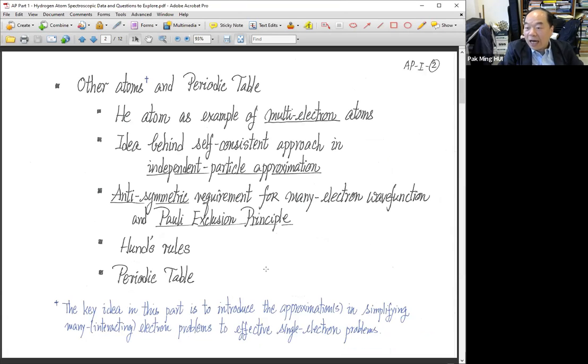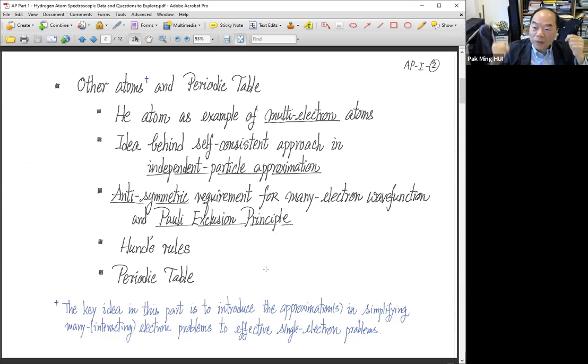So we will talk about all this interesting physics in this module. Then we will go beyond hydrogen. Hydrogen is only the first element, but even the first element is very rich in physics. We will do that. And after that, we will try to understand how to understand from helium on all the other elements in the periodic table. In this part, our focus will be on how we can possibly handle electron-electron interaction, approximately.